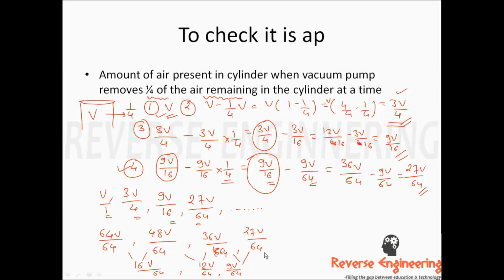So here you can see the difference is not the same. As the common difference is not constant, we can say the given sequence is not an AP. Whenever the common difference is the same, only then will the given sequence be an AP.